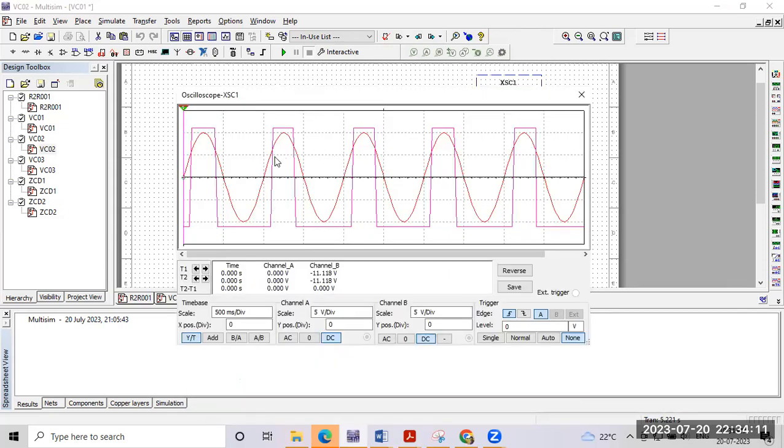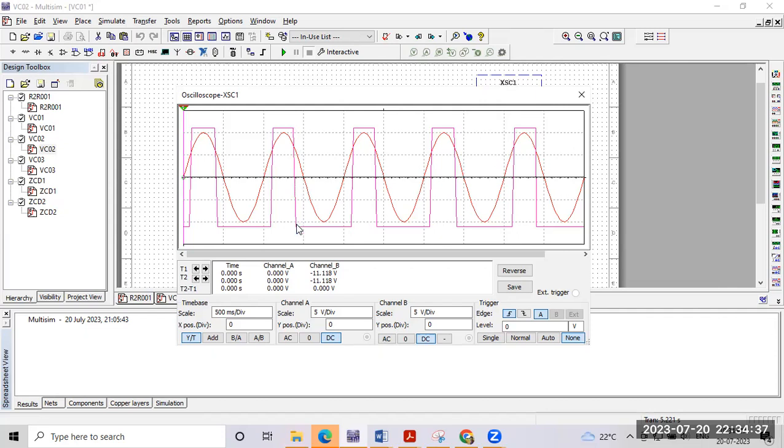Whenever our input sine wave reaches this mark, the reference voltage, our output will change from negative to positive. Whenever our input reaches this other reference, our output will change from positive to negative.